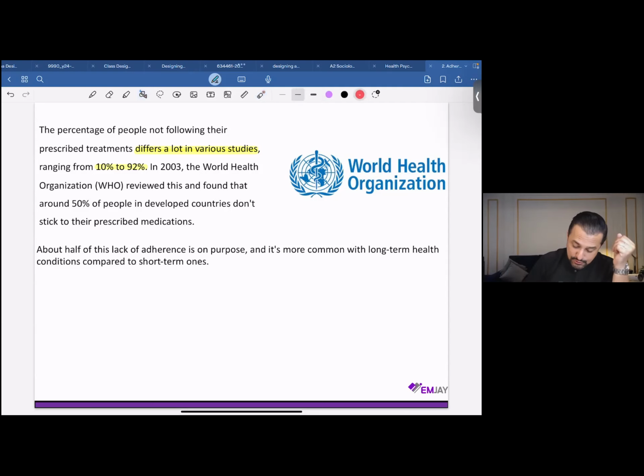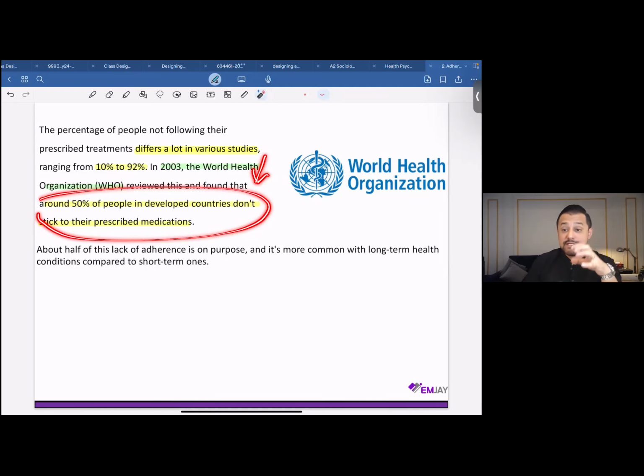In 2002, the World Health Organization reviewed this and found that around 50% of people in developed countries don't stick to the prescribed medication. So, if 50% of individuals from developed parts of the world are not sticking to the prescribed medication, how do you expect to get well?